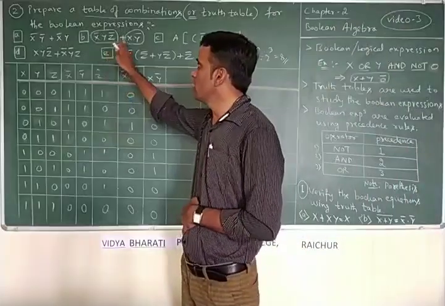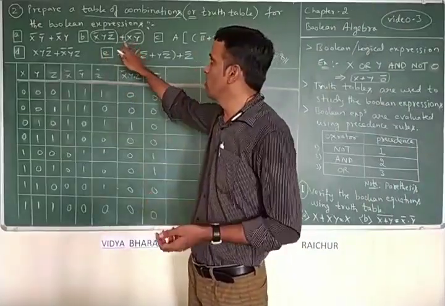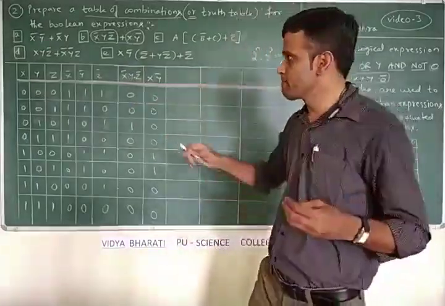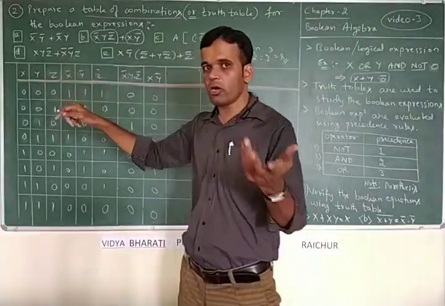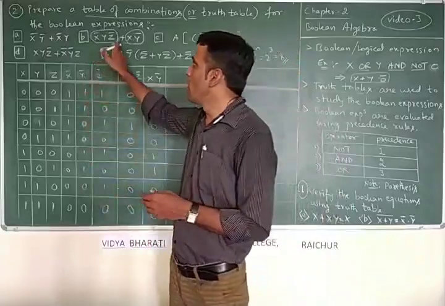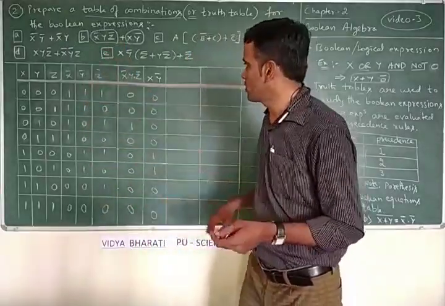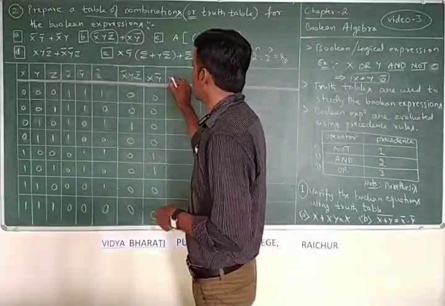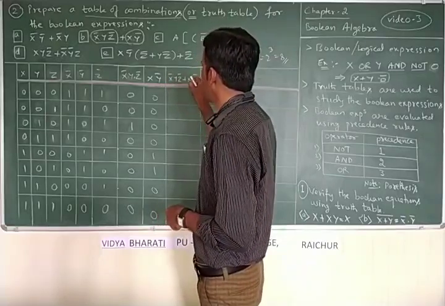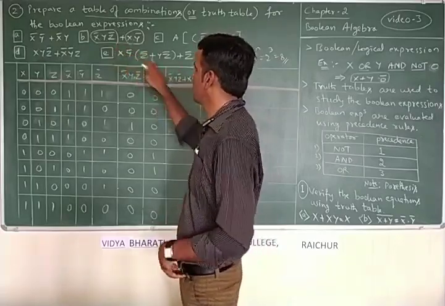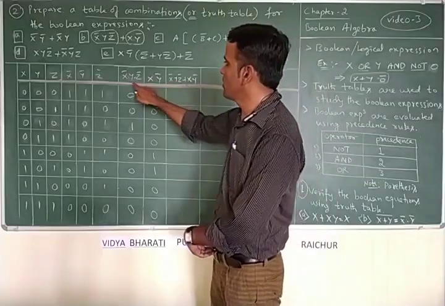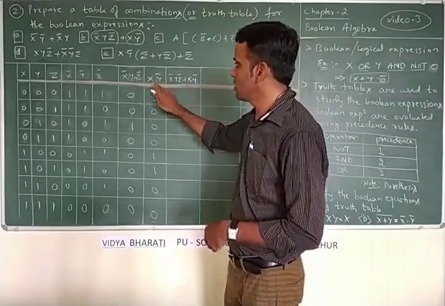Now we will go for the complete expression. This is ready, and this one is also ready. Now we will go for the OR operation according to the precedence rules. First we follow the complement operator, the not operator, then the AND operators, then the OR operator. So we will go for the OR operation. The complete expression is x bar, y, z bar plus x, y bar, which I have written here.